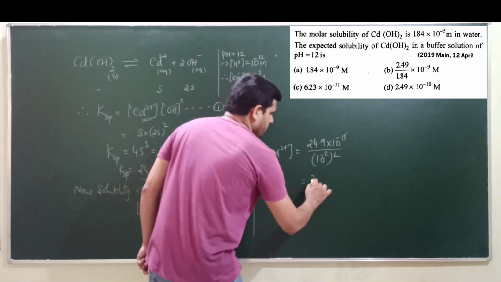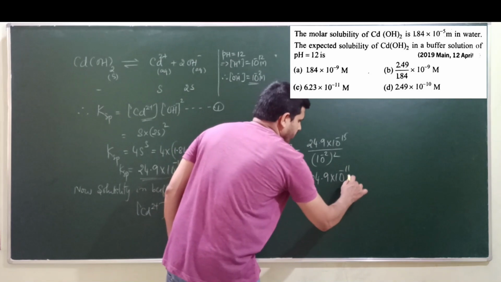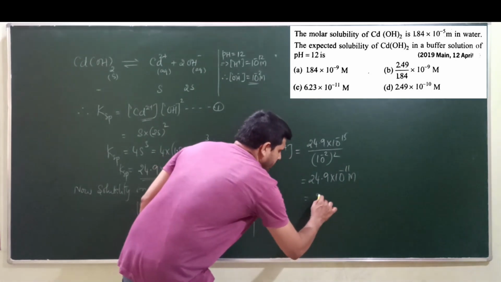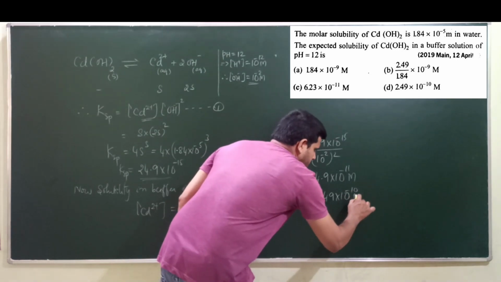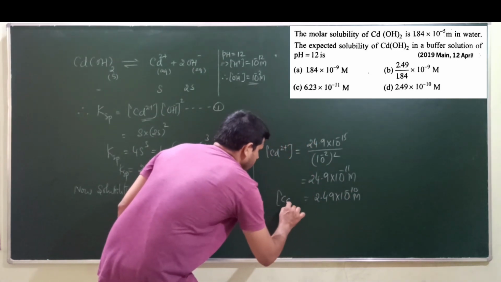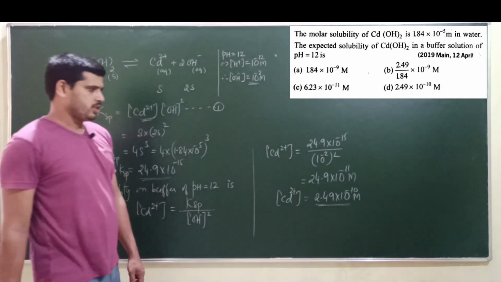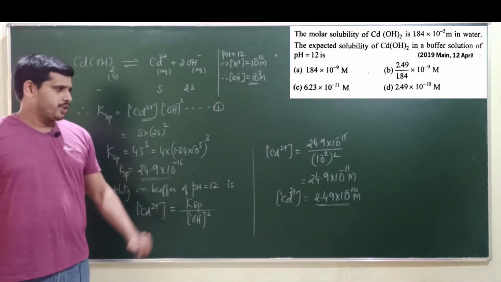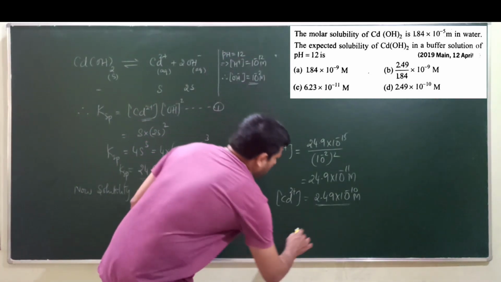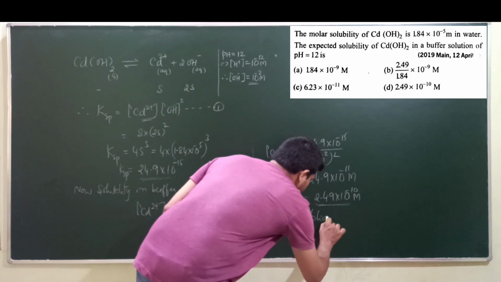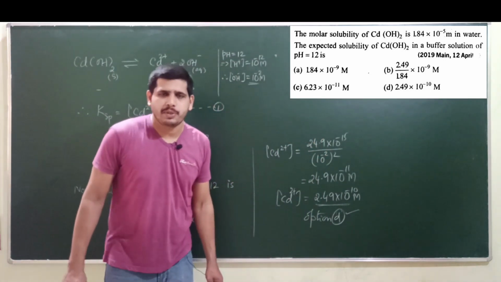So it is 24.9 into 10 to the power minus 11 molar, or I will write this as 2.49 into 10 to the power minus 10 molar, which is our molar solubility in a buffer of pH 12. So as you can see, the option which must be selected over here is option D. That will be the end of this problem.